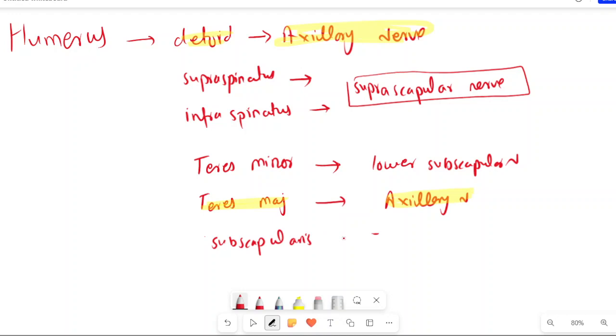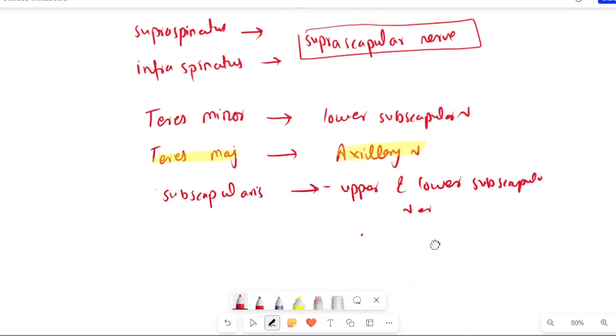Subscapularis is supplied by the upper and lower subscapular nerves. So this is about the humerus, connected with the scapula.